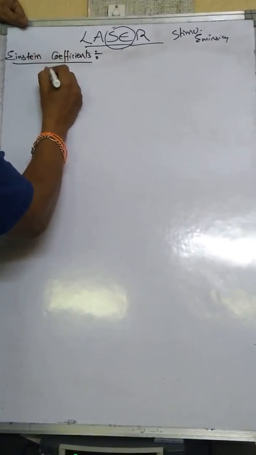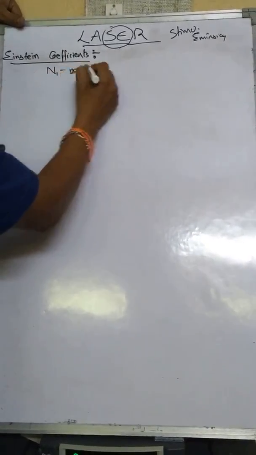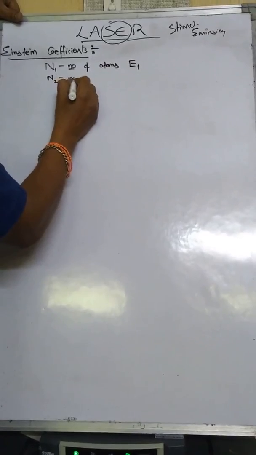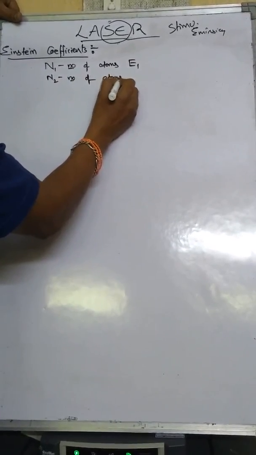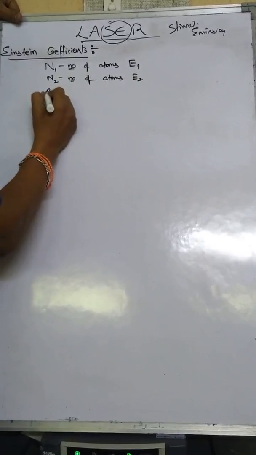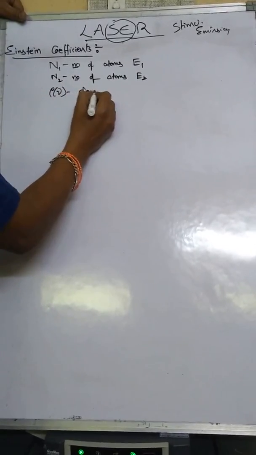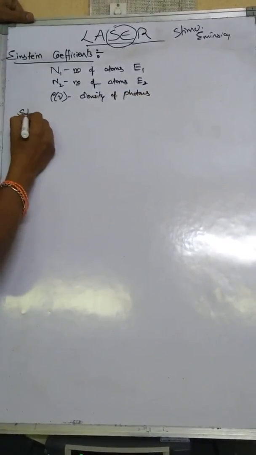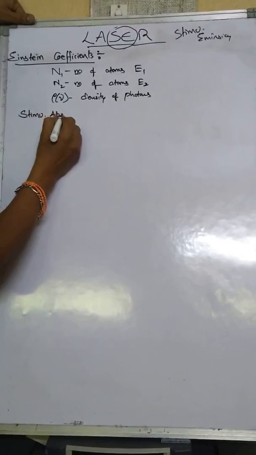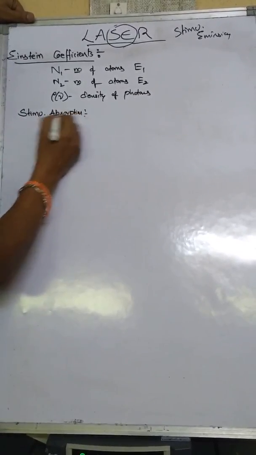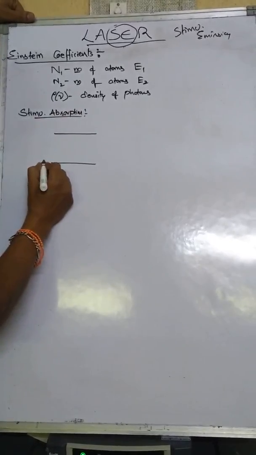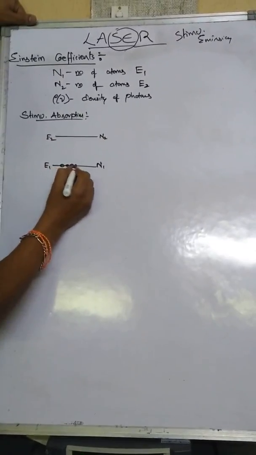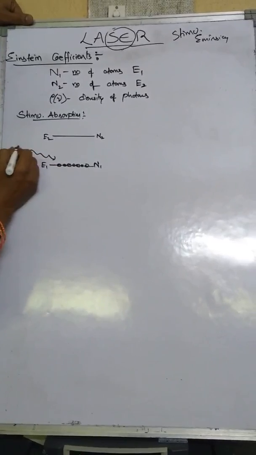We started by saying let N1 be the number of atoms in the ground energy level, that is the E1 level, and N2 is the number of atoms in the E2 level, and rho nu represents the density of photons. First we discussed stimulated absorption, and I started with a diagram like this, where this is E1 and this is E2, with N1, N2 atoms, and a stimulating photon, rho nu.